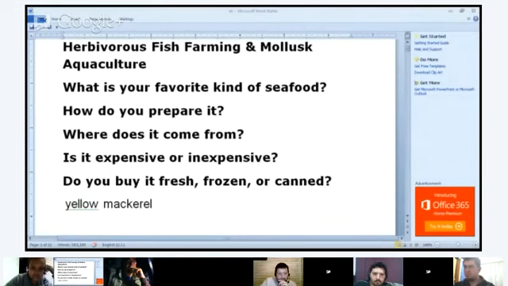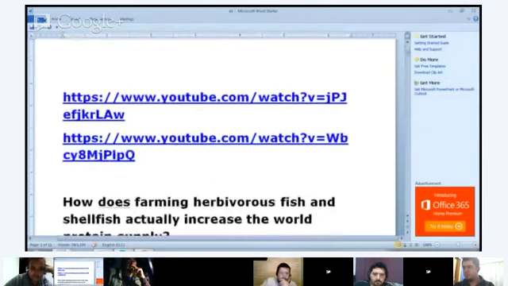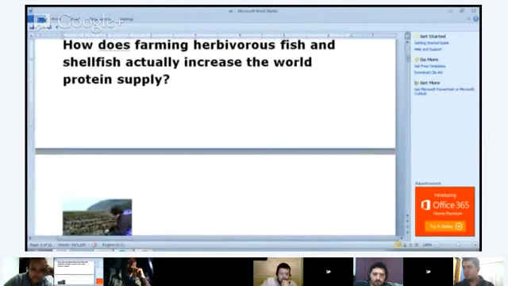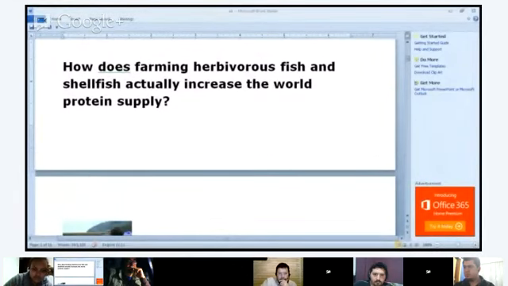So that's the idea. Aquaculture is farming in the ocean. And so what we want to talk about are the types of seafood, fish and seafood, that eat plants, that do not eat other fish.